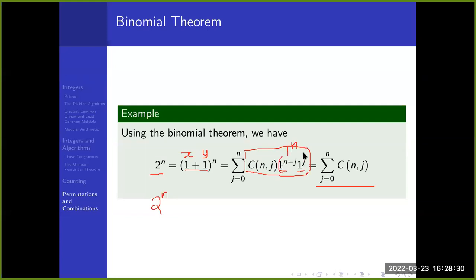So this thing will always be 1. That's why we're ignoring it in the next expression. So we proved this earlier, but we are proving it again using the binomial expansion.